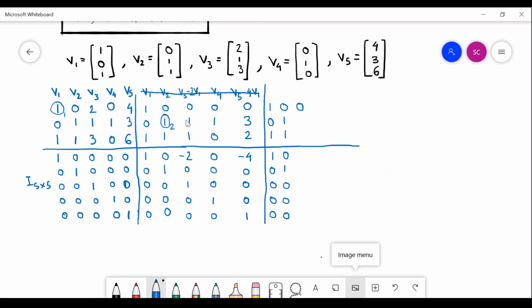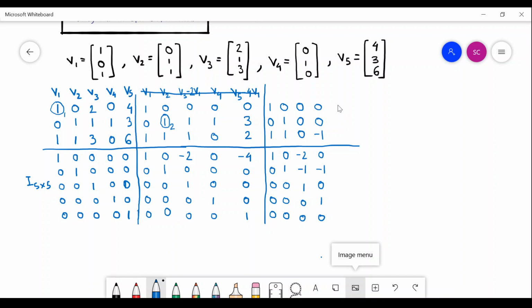So minus, this is 0, this is 0, then minus 2, minus 1, 1, 0, 0, then this one again minus 0, 0, minus 1, then 0, minus 1, 0, minus 0, 1, 0.